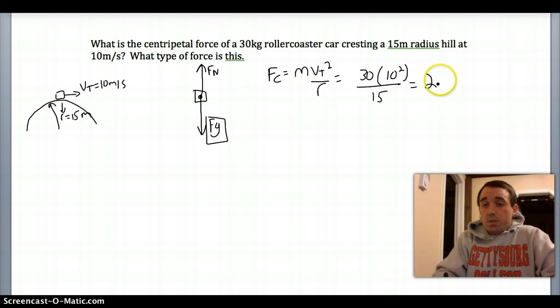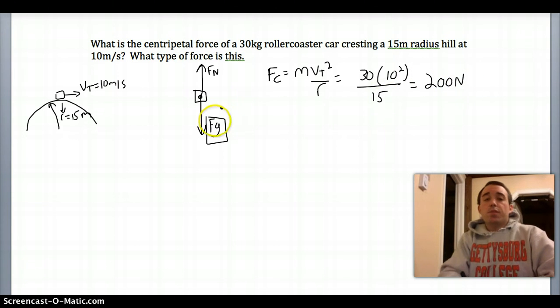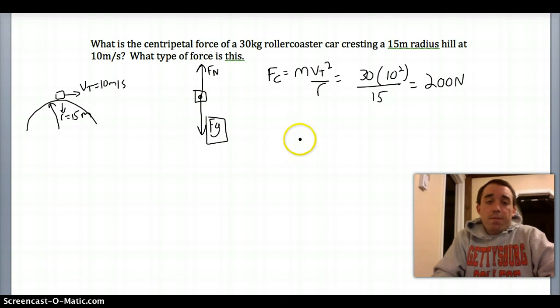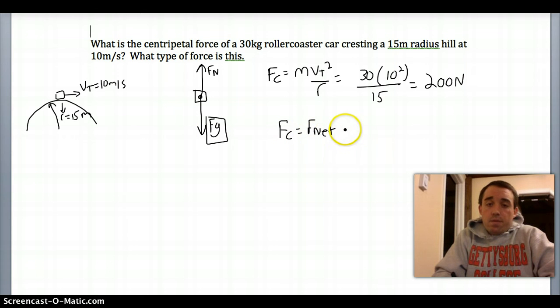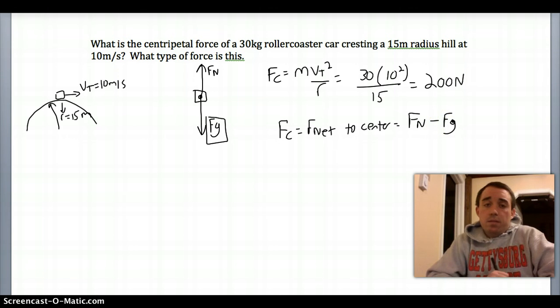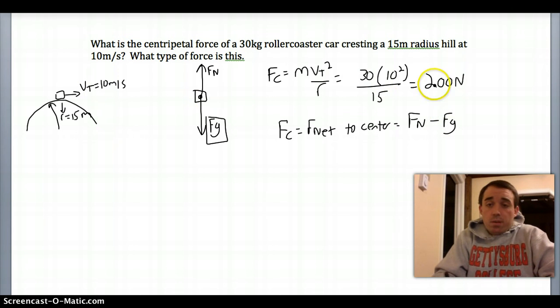So our centripetal force is 200 newtons. And the centripetal force is the overall net force acting to the center. Fc, think of it like the net force to the center. So in that case, our net force to the center would be our normal force minus our force of gravity. Really, we're done the problem up here.